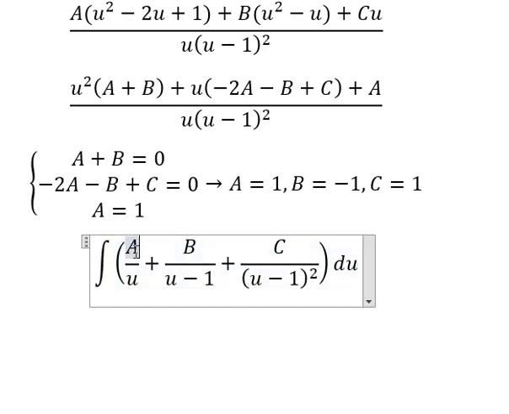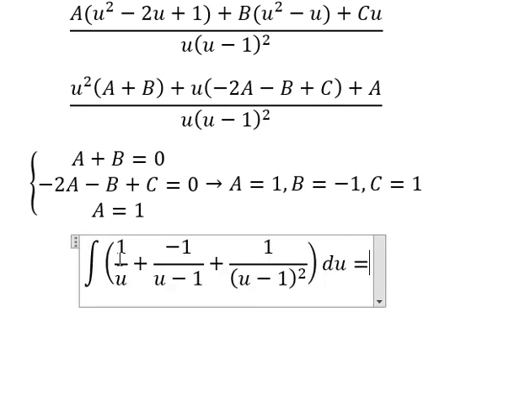So A equals 1, B equals negative 1, C equals 1. And now we have the final answer.